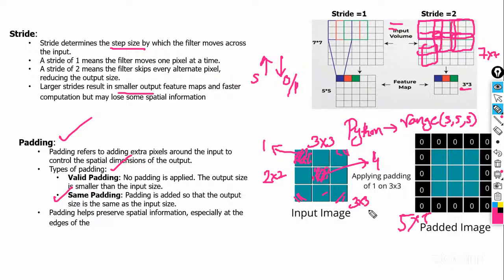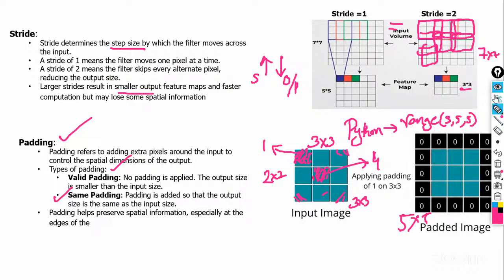Same padding is nothing but padding is added so that the output size is the same as the input size. So when you do the convolution operation on the padded image, you're going to get an output whose size will be the same as the padded image size. So that is nothing but same padding.